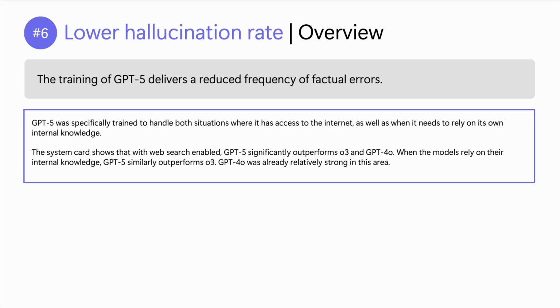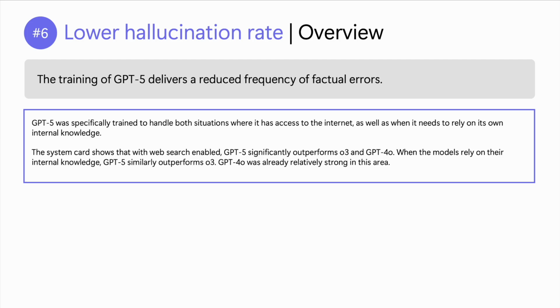Now, a key feature of GPT-5 is reducing the hallucination rate. So GPT-5 was specifically trained to reduce the frequency of factual errors. There's two key scenarios, which is when it's searching the web, we don't want it to hallucinate, and when it's relying on its own internal knowledge.